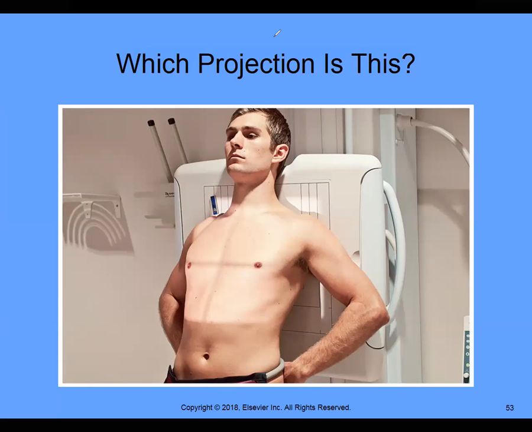This one here is called, and I'm going to type it on here, a lordotic projection. Well, they have it down as an AP lordotic projection because it's entering, you remember, the anterior aspect of the body and exiting posterior.